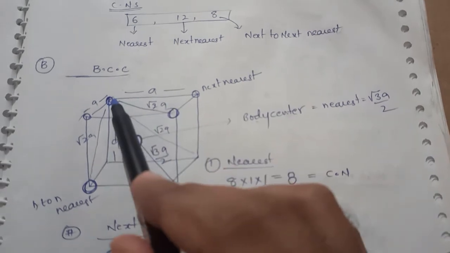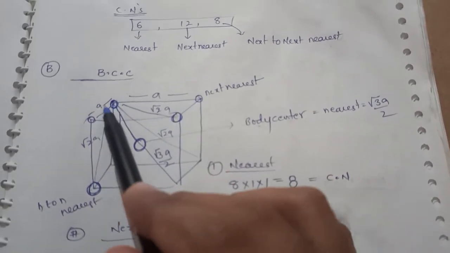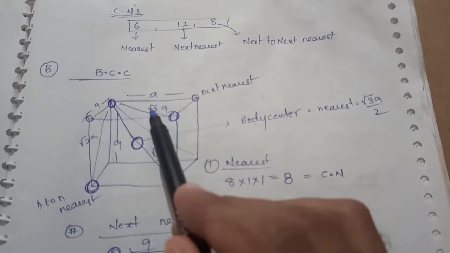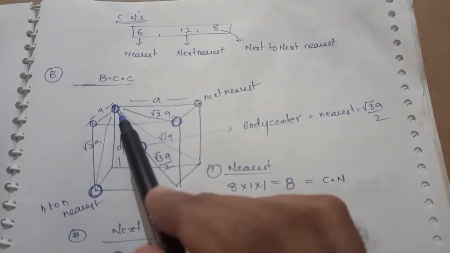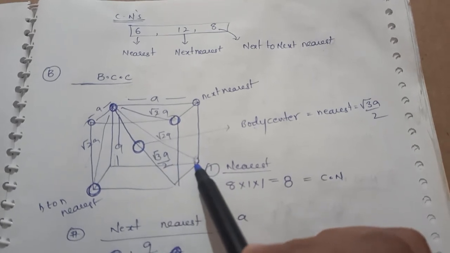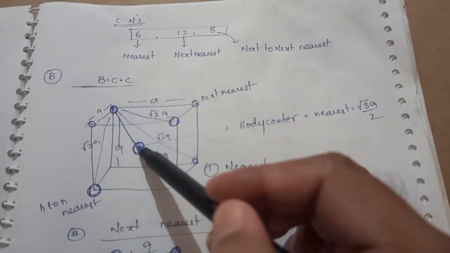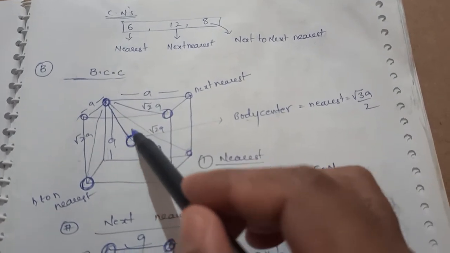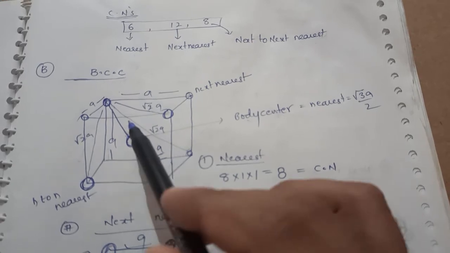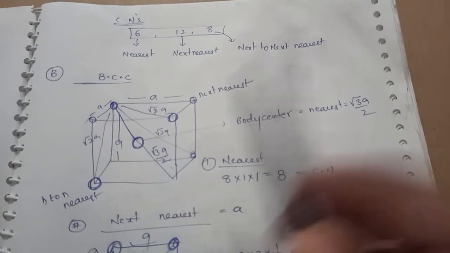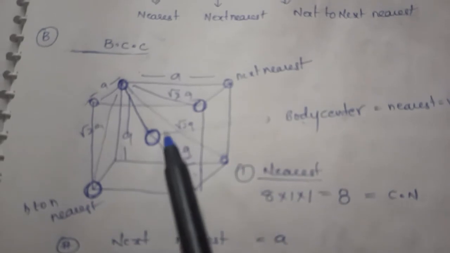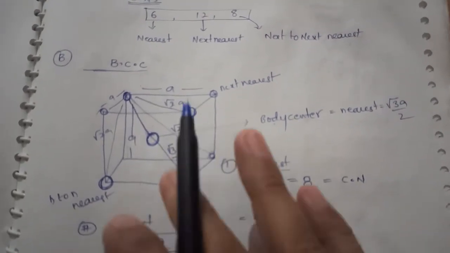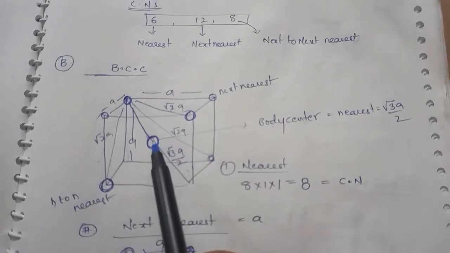With respect to this, this is A, this is also A, and this is also A. With this it will be root 2A, this is also root 2A, this is also root 2A. And from here to here we have root 3A, but up to the body center it is root 3A by 2. So when you decide this as root 3A by 2, this is the very nearest atom.